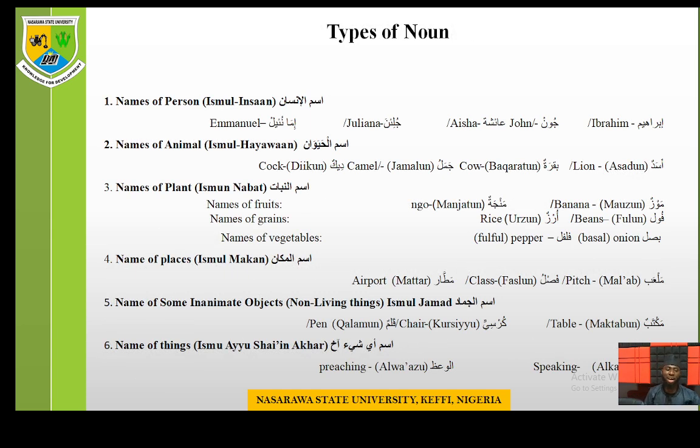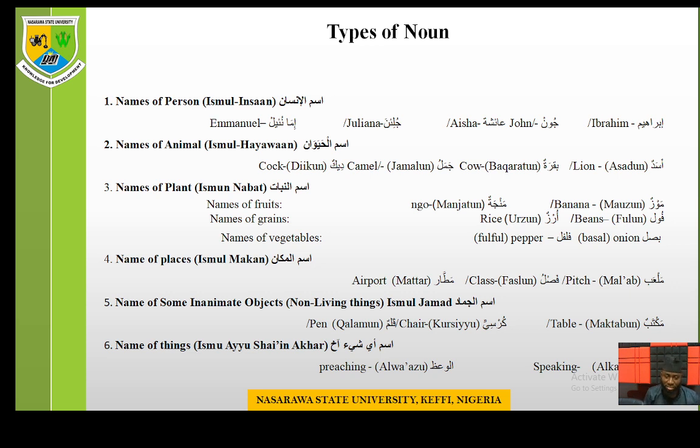And then we have 6 types of noun in Arabic. As we mentioned, we have ismu insan, which is name of person, ismu hayawan, names of animals, ismu nabat, names of plant, ismul makan, that is not there in our definition, but you can mention it, because it is quoted from a book in Arabic, which we call book 1 in Arabic grammar.